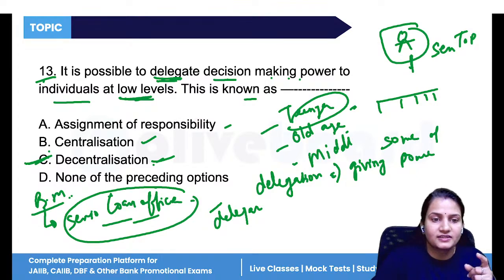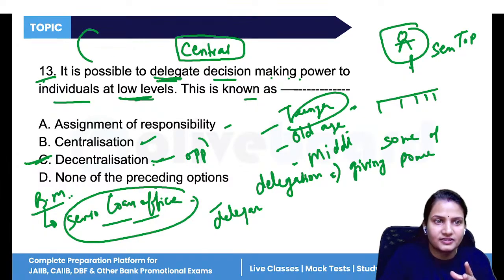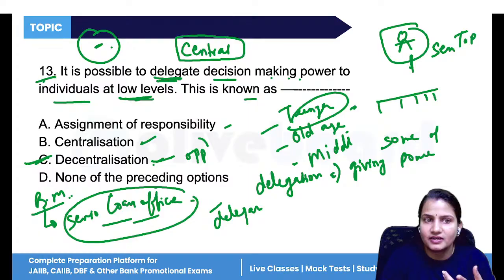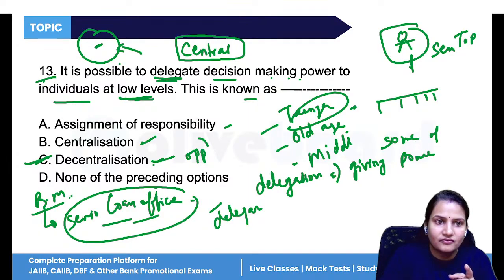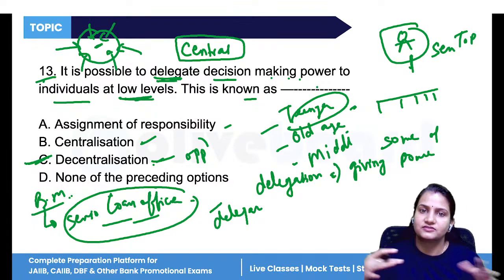All right. Now, what is centralization? See, the opposite of decentralization is centralization. If you break the word, you get the word central. If I say this is the central, it is the central point. It means all the powers are taken by one senior person, the top manager. In decentralization, the power is distributed.